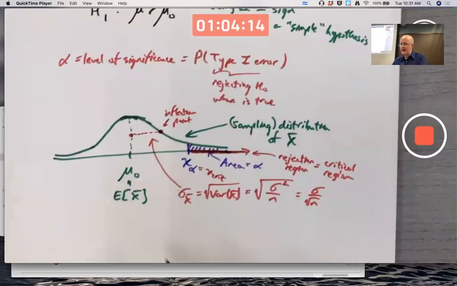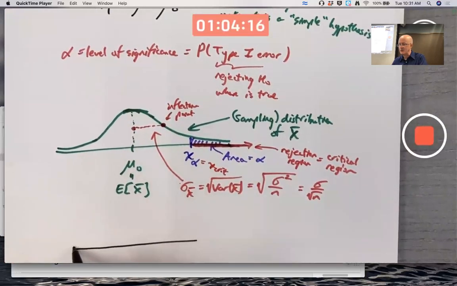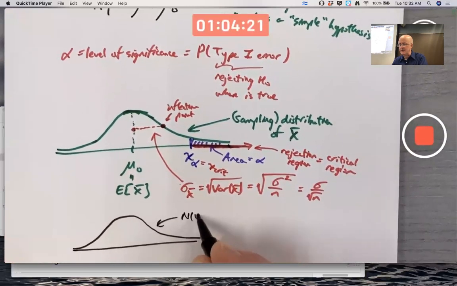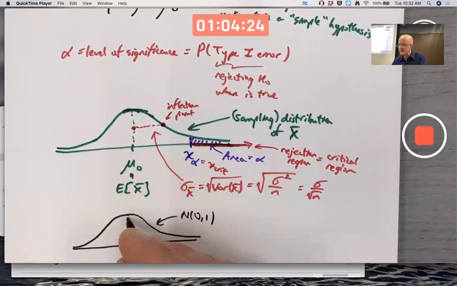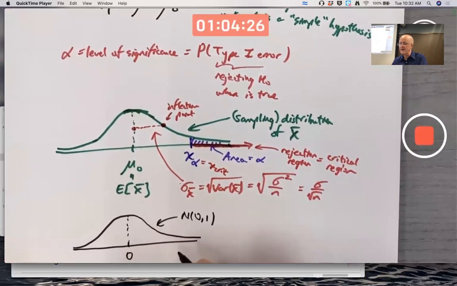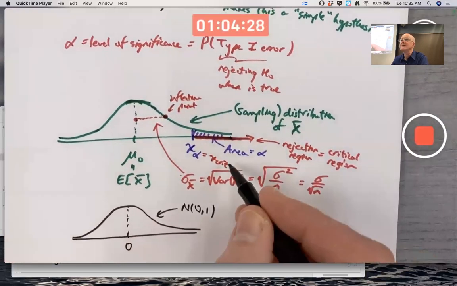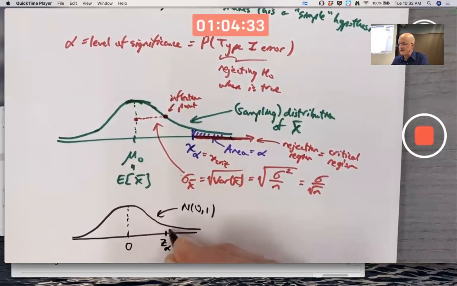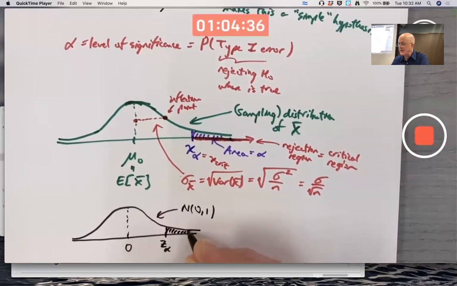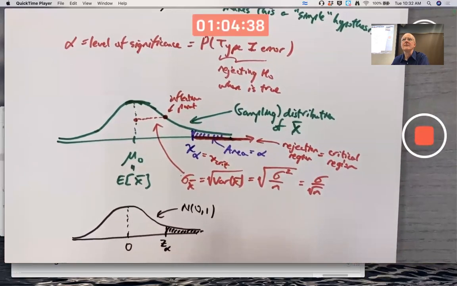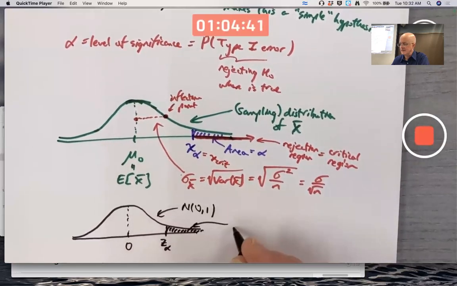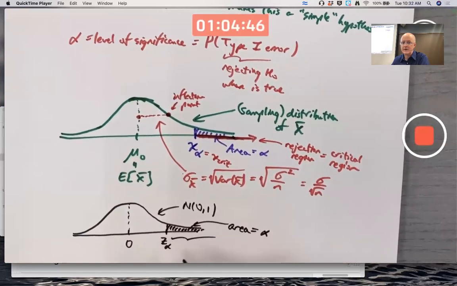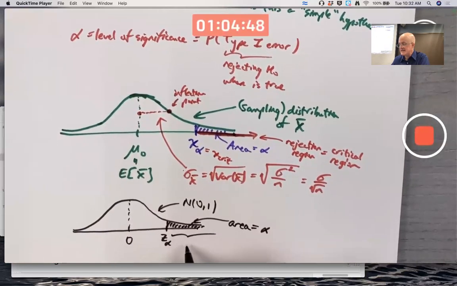We can also draw a corresponding standard normal curve, N(0,1), centered at 0, and the critical point is going to correspond to Z sub alpha, which, if you only have the table, you can look up in the table. That area equals alpha, and this is the rejection region or critical region in terms of Z. You can think of it either way.